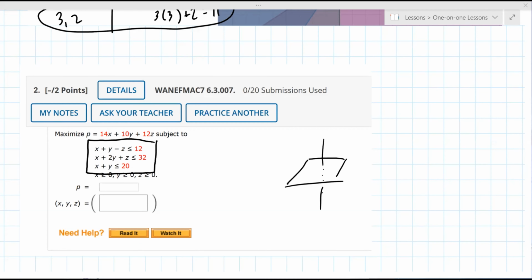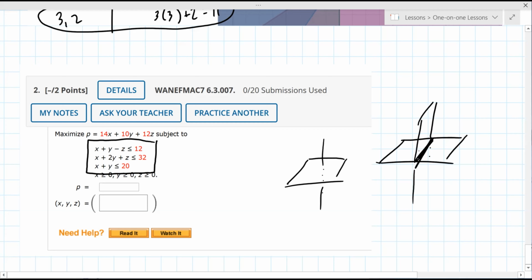I'm trying to decide how best to help you on this. There's other discussion here, like these three equations. The first two are equations of a plane, and a plane looks like that, and let's say another plane intersects it. It looks something like that. So they intersect in a line.